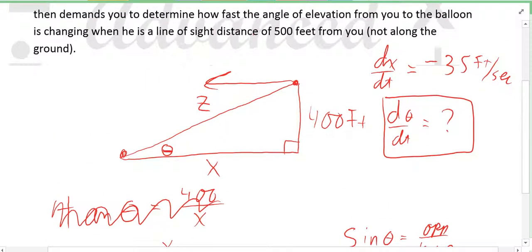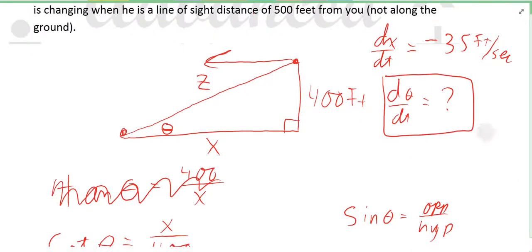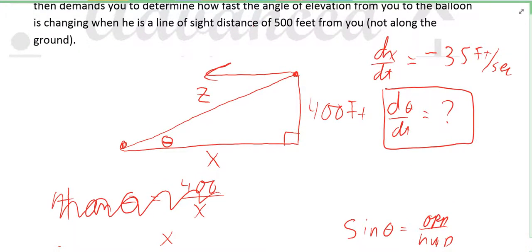Do we know what the hypotenuse happens to be? It is z, and right now it's 500, so that's super easy. The opposite side is 400. So what's cosecant of theta? It's 500 over 400.